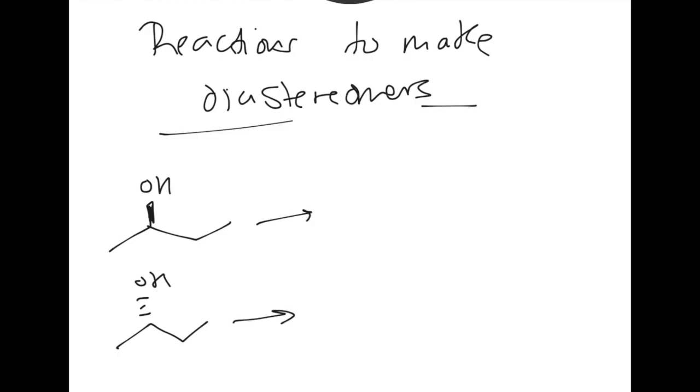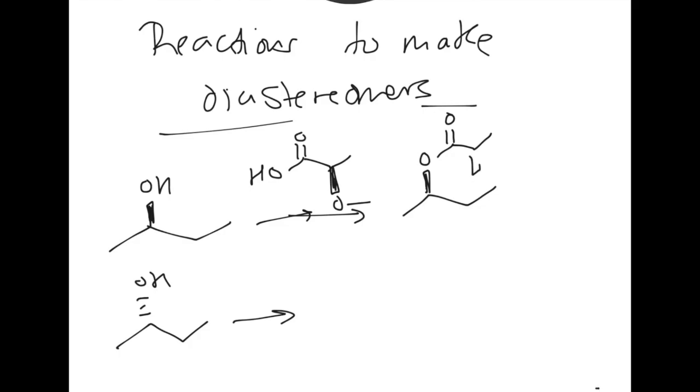If we did a reaction to add an extra chiral center to this molecule, let's say we were able to react with this compound here. When it reacted with this alcohol, again, don't stress. I know you don't know how this reaction works. You will one day. Today is not that day.